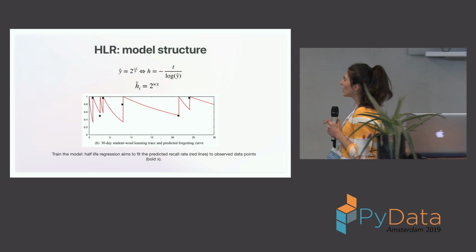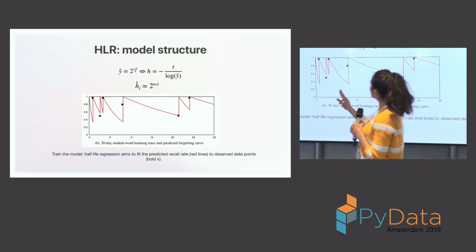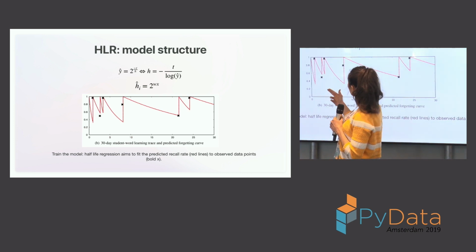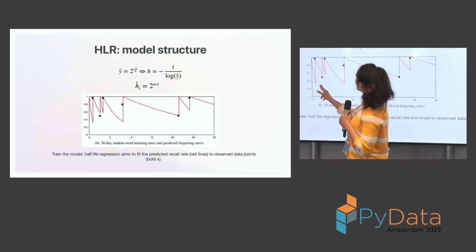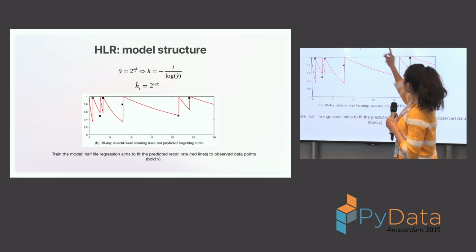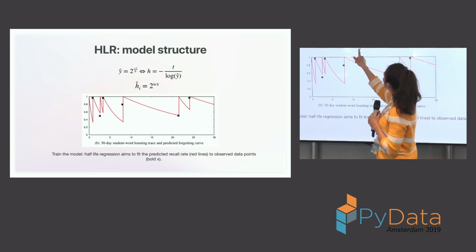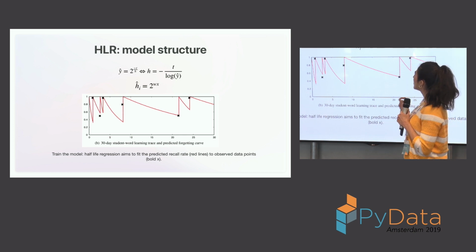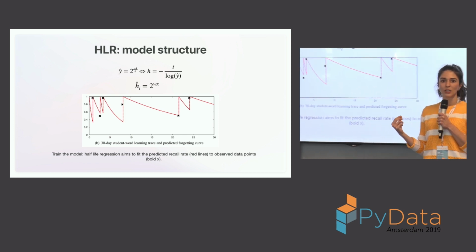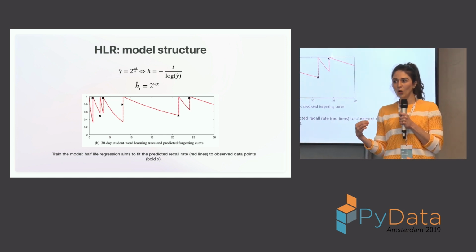And remember that the half-life regression is the exponential function. And here, each time I actively recall a specific word, I see that this also exponentially increases. So here we can see the formula that we've already seen. And what half-life regression does in addition to that is that it tries to optimize also towards the half-life. So how strong this word is in my memory. And this is important because I should revise it exactly at the point that my mind is almost going to forget it.